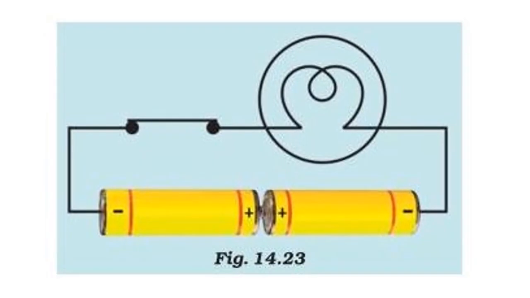This is the figure 14.23. Here, two cells are joined to make a battery which is connected to the switch and finally to the bulb with the help of connecting wires. This bulb is not glowing. We are asked to find the reason and to rectify it.